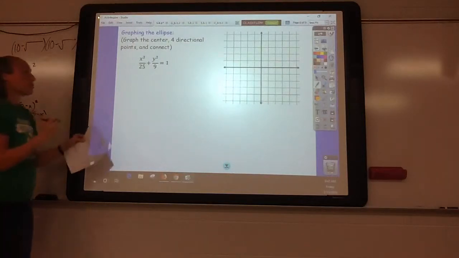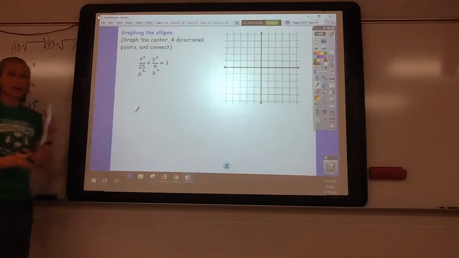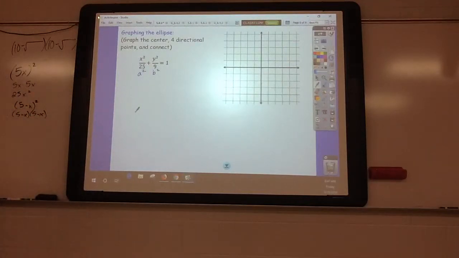So since 25 is bigger than 9, this has to be a squared and this has to be b squared, which means that I'm on the top row of my chart. That is the way that you know which one of those charts you are using, simply based on the fact that a is bigger than b.